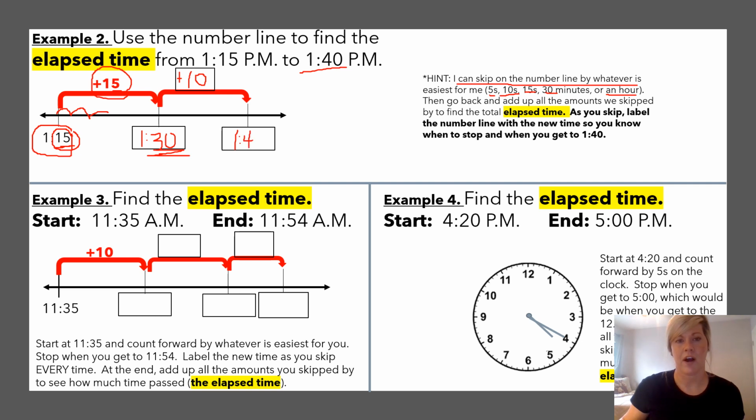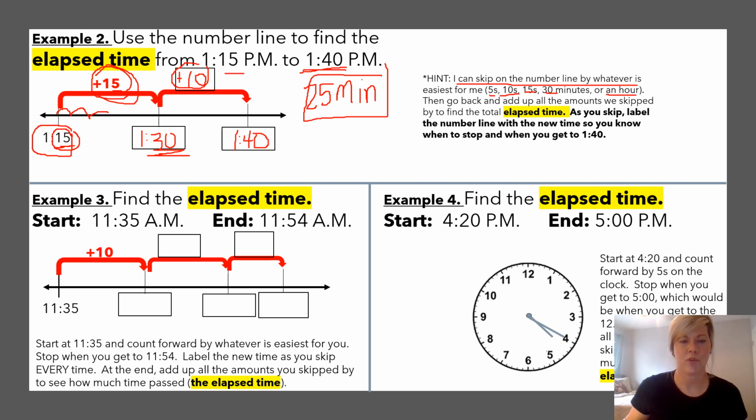Now I need to figure out how much time I jumped by in total. That's your elapsed time. So 15 minutes plus another 10 would be 25 minutes. 25 minutes is your elapsed time. That's how much time has passed between 1:15 and 1:40.